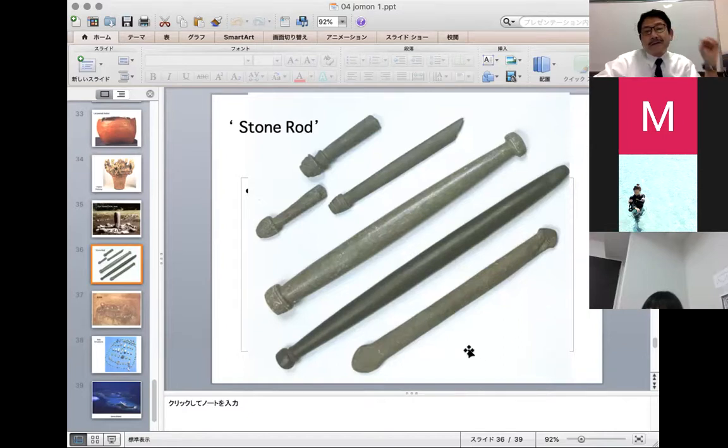So these are the specific type of tools called secondary tools. And some of the potteries are like that too. Some of the potteries would not serve as daily tools. So they made so many secondary tools, including figurines and various ornaments too. I'll show that later.